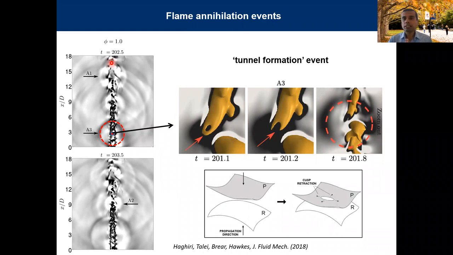And you can identify the critical points in the whole domain, and those critical points will be basically the center of your annihilation event. If you calculate the Hessian matrix of the progress variable field, based on the sign of the eigenvalues, you can identify different types of annihilation events, okay?